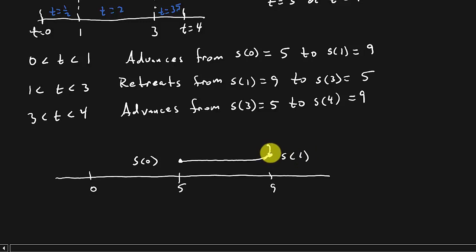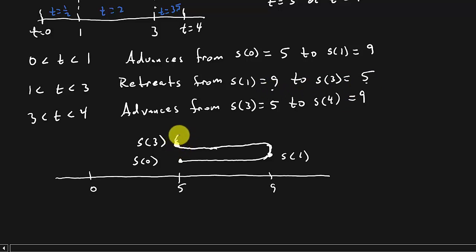And then from s of 1, it starts retreating back to here. And this would be what? This would be s of 3. See, it's retreating from s of 1 to s of 3. It's going from 9 to 5.